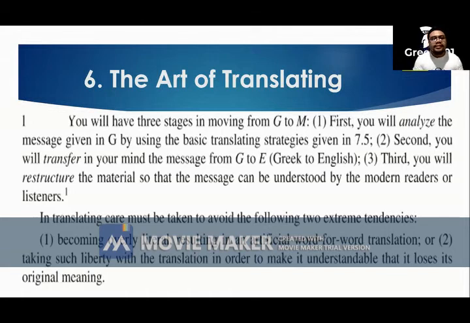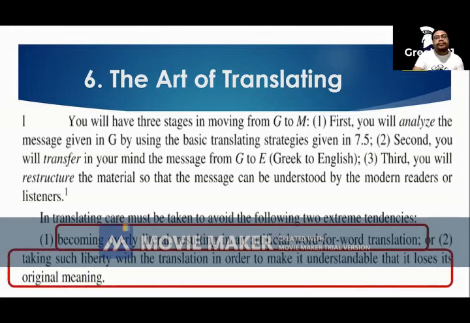And the second one is taking such liberty with the translation in order to make it understandable that it loses its original meaning. For example, we have the paraphrase translation, wherein there is too much liberty in the interpretation. And that's why sometimes the original meaning or the intention of the word is lost.